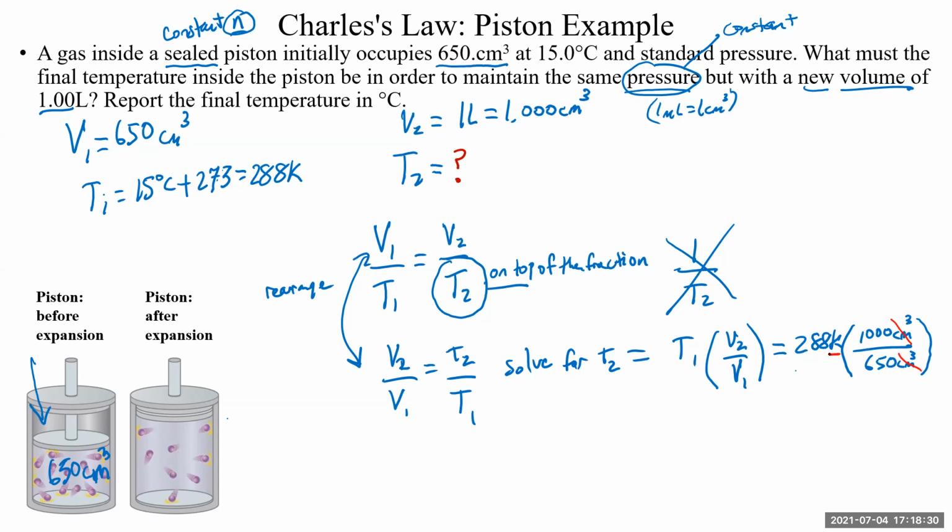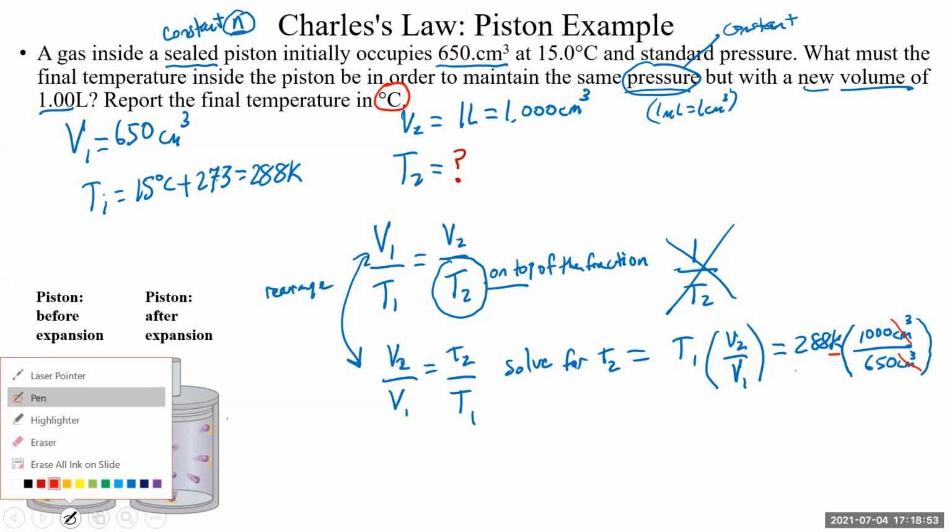We want our temperature to be in Celsius eventually, but you want a temperature unit at the end of using the formula. So when we plug this in, we take 1,000, which is bigger than 650, divided by 650, and multiply that by 288, and we get 443 kelvins.